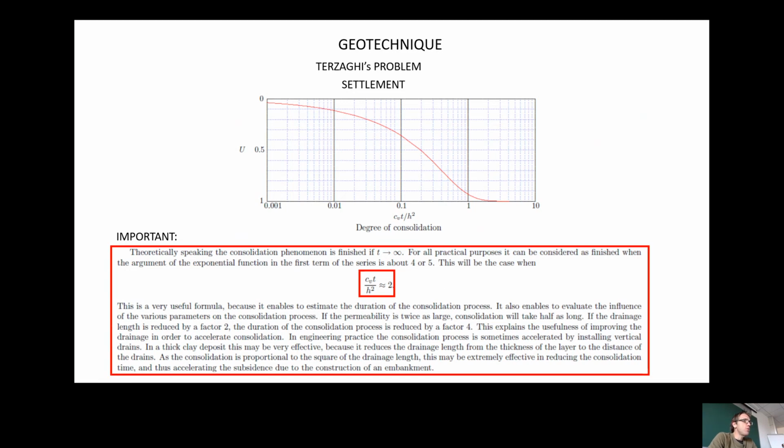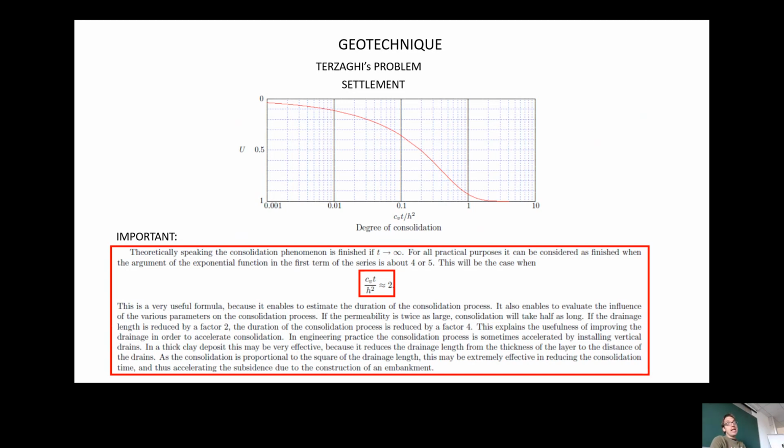So this is also really interesting because this formulation allows to give some estimation. This explains the usefulness of improving the drainage in order to accelerate consolidation. And this is a very interesting thing, and it comes as an answer to the question that some of you posed to me in the first lesson.